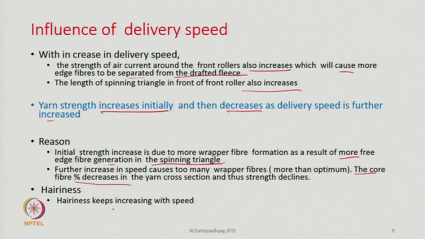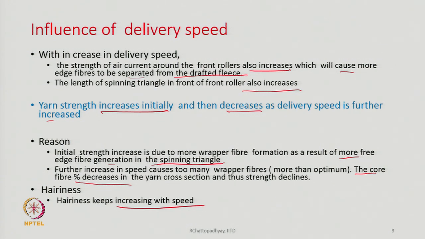Hairiness is going to increase with speed, because with more and more delivery, the turbulence which gets created could also result in more hairiness. More wrapper fiber does not mean the wrapper fibers will be able to wrap the yarn very nicely. We have seen that when the structure of the yarn is seen, we see different kinds of wrappers.